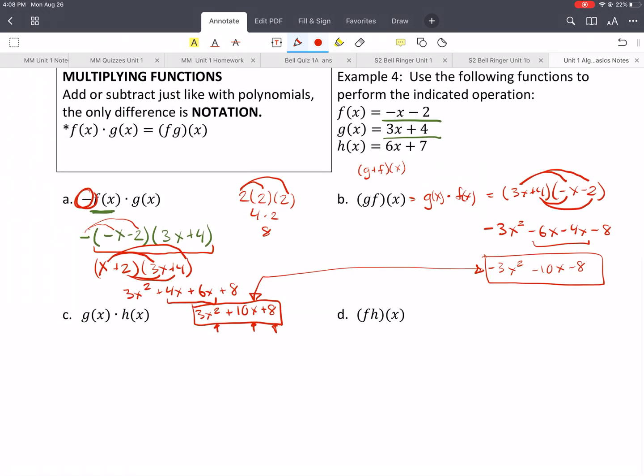All right, g of x times h of x. So g of x is 3x plus 4. And we're multiplying that by h of x, which is 6x plus 7. Okay, first, 18x squared. Outside, 21x.